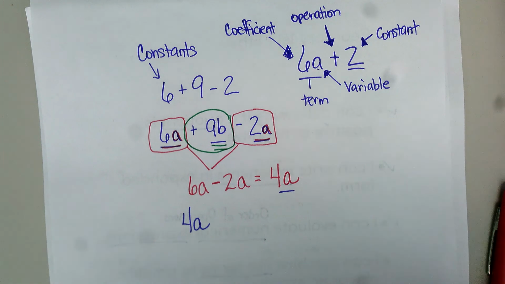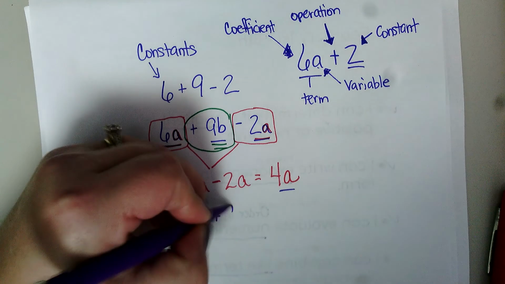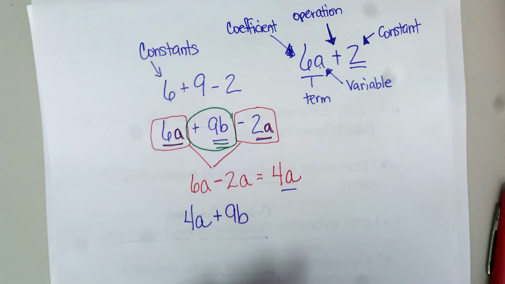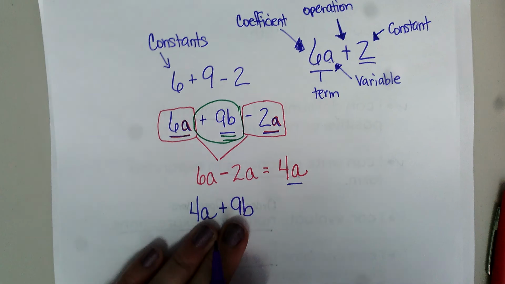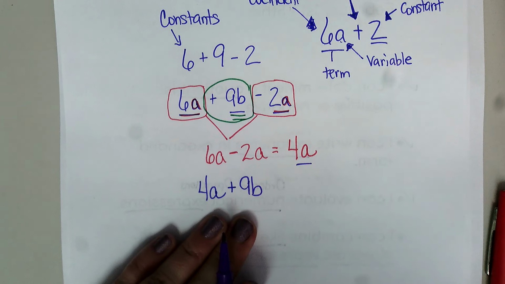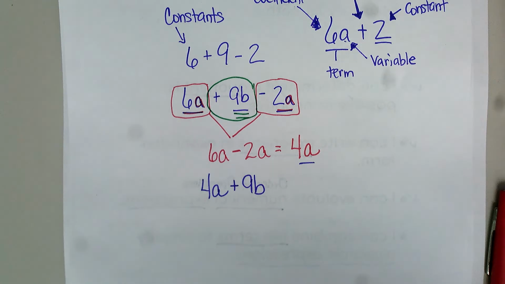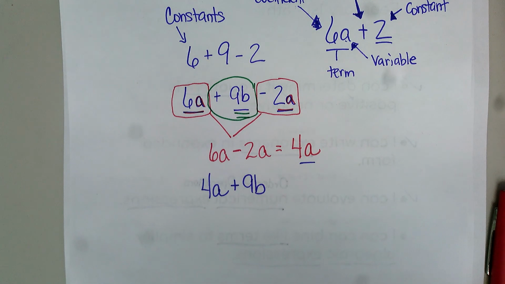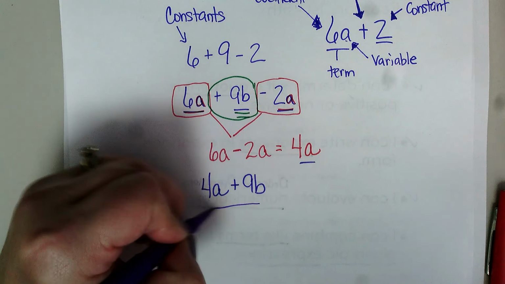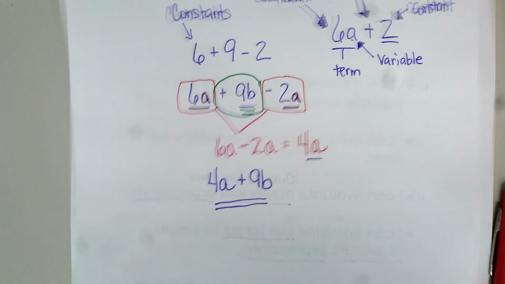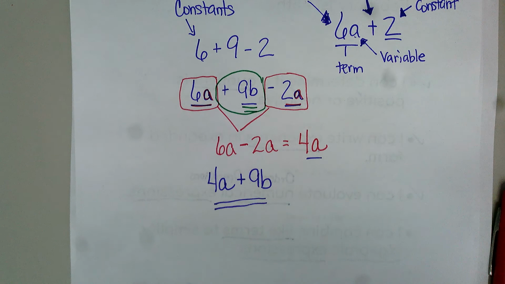So I'm going to bring that plus 9b down. And that is my simplified term. Can I solve this? Can I make it just one number? No, I can't. Not without knowing what the A and the B stand for. I cannot do anything else with this. So this is a simplified expression. And that will be the answer that we're looking for.